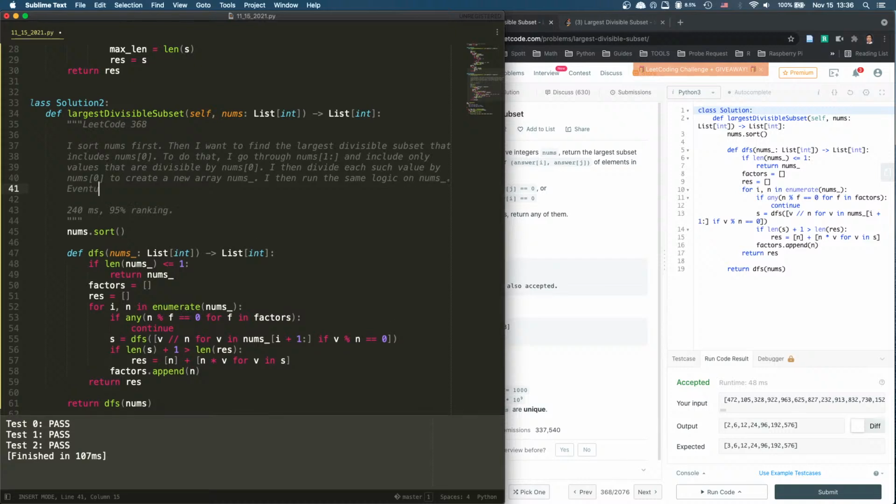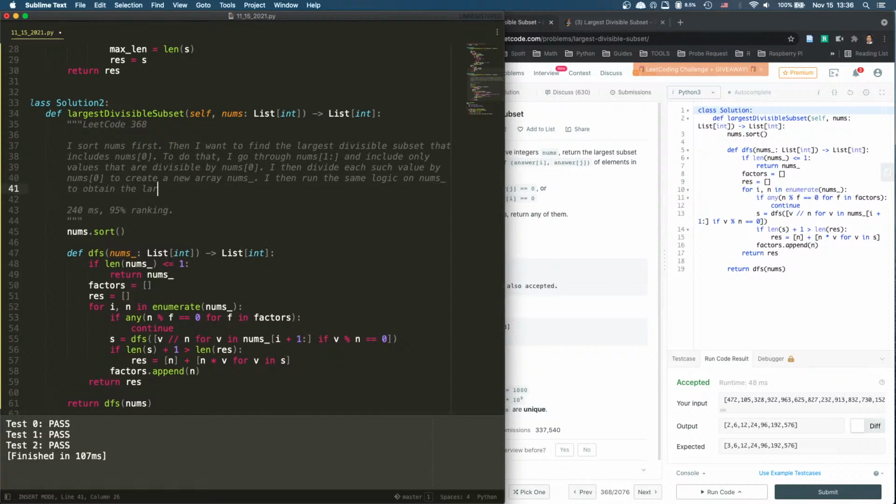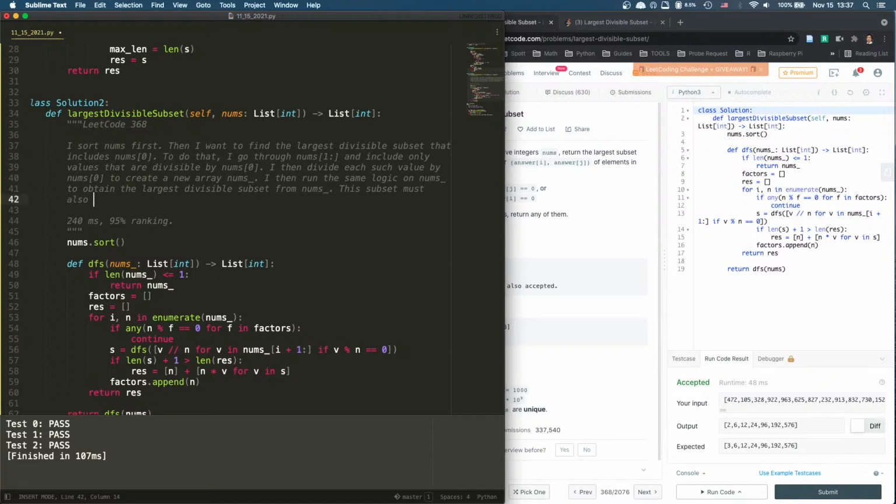So eventually, I obtain the largest divisible subset from nums prime, and this subset must also divide nums 0, right?